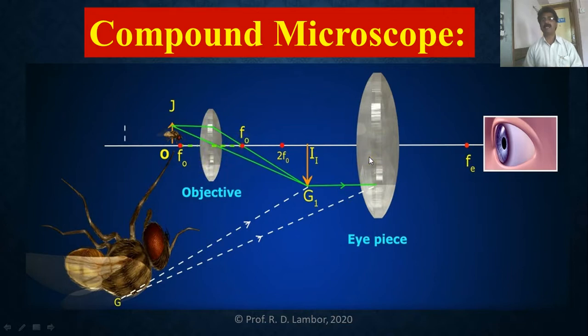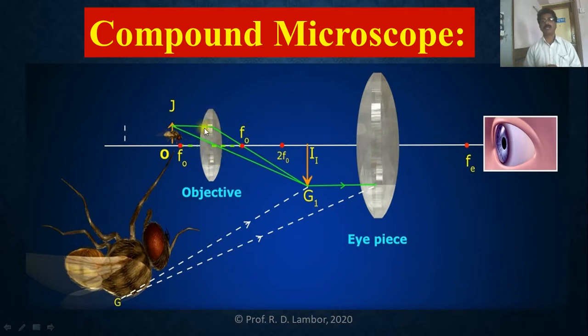But the eyepiece, compared to that, has a larger aperture and a long focal length. So this ray diagram explains the image formed by a compound microscope, which consists of two convex lenses, objective and eyepiece.